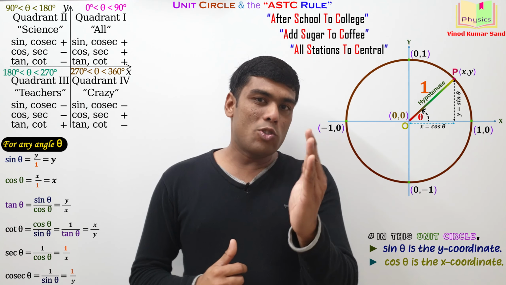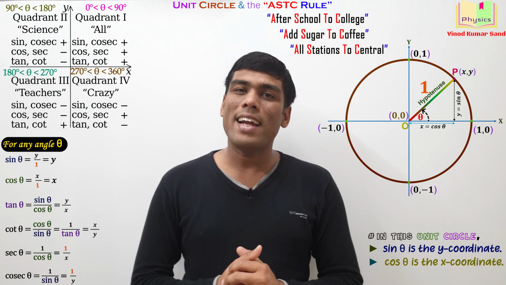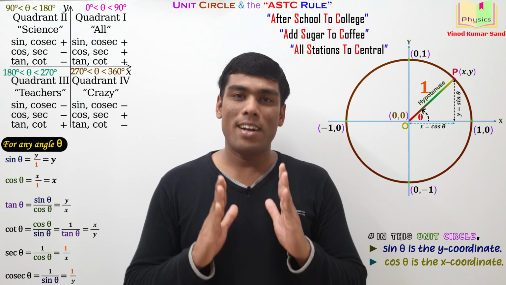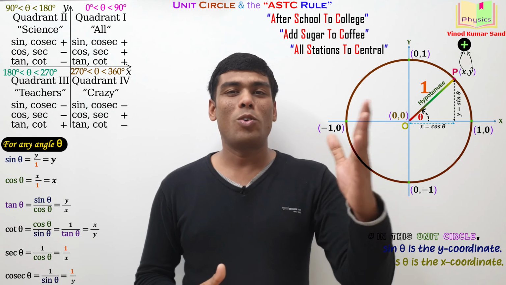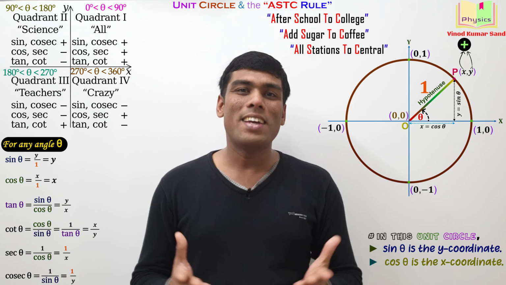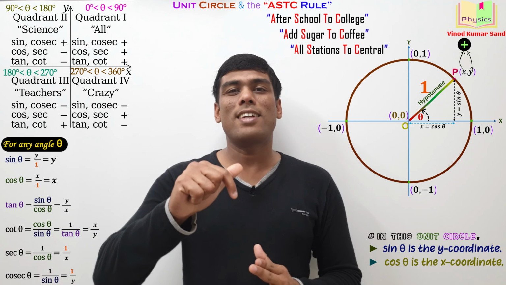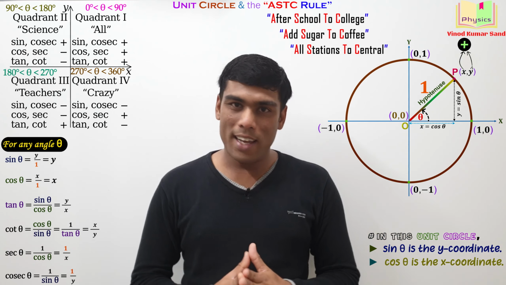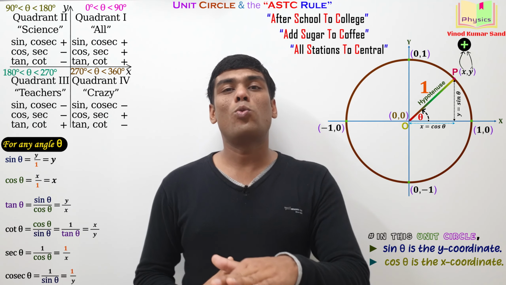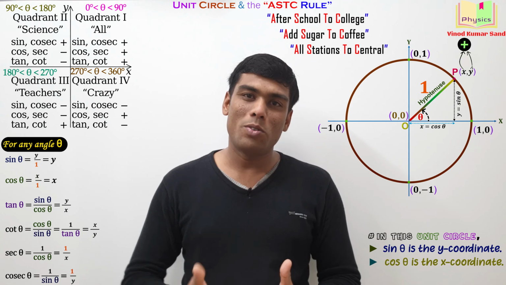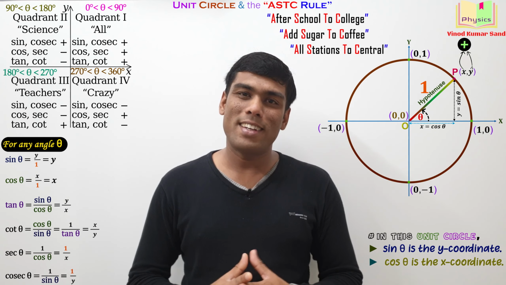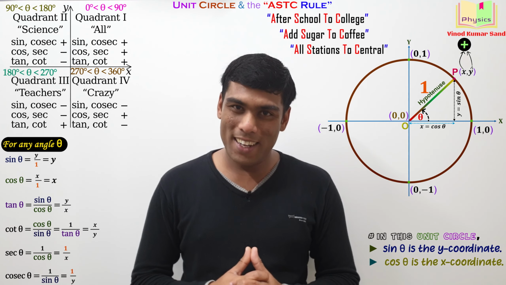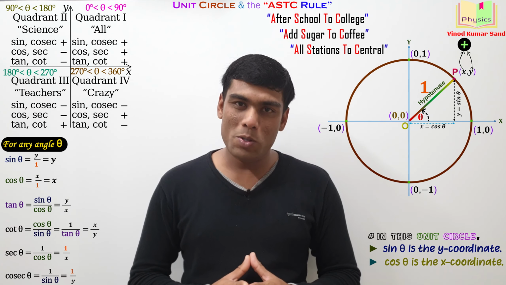For theta greater than 0 degree and less than 90 degree, the x coordinate as well as the y coordinate are positive. So all the trigonometric ratios will return the positive values, because sine theta is equal to y coordinate, y is positive. Cos theta is equal to x coordinate, x is positive. Tan theta is equal to y by x, both y and x are positive. Cot theta is inverse of the tan theta. Similarly, you can find all other remaining trigonometric ratios. They all will return the positive values.